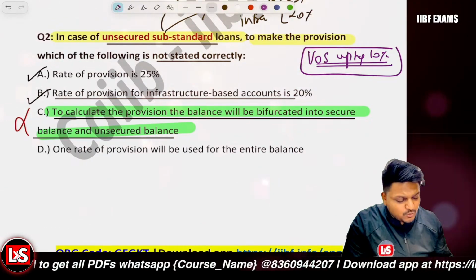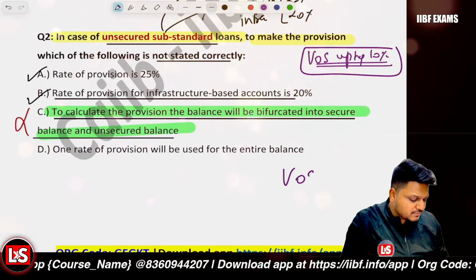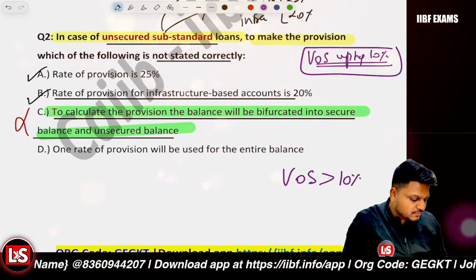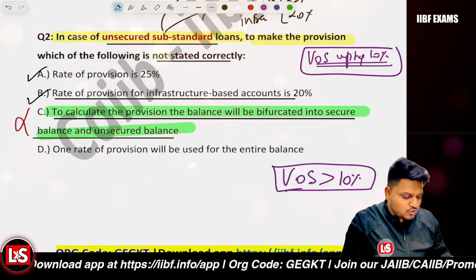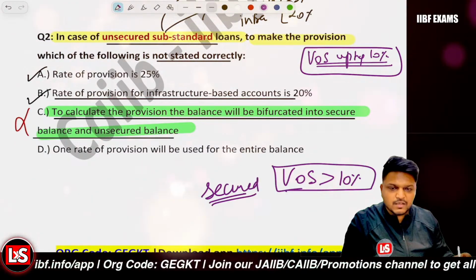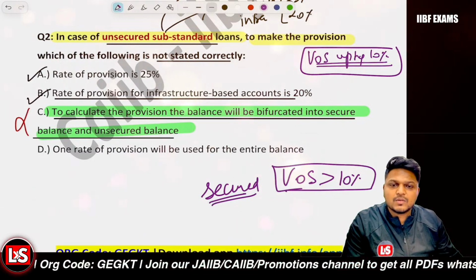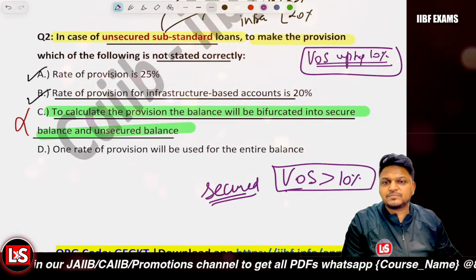But if the value of security is greater than 10%, then we say such account to be secured.